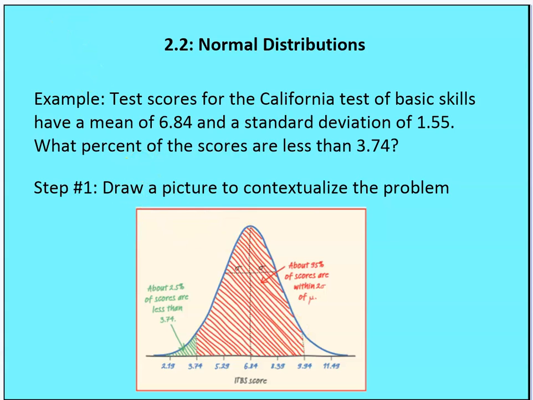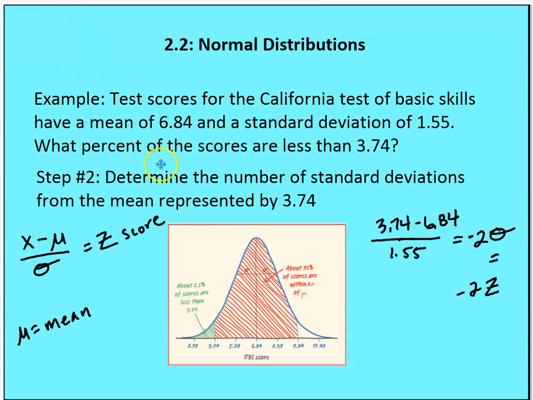Then the second step is we're going to determine the number of standard deviations from the mean represented by 3.74. So we're going to take that data point, subtract the mean, and then divide it by the standard deviation. So data point minus mean divided by standard deviation is going to give us our z-score, which is basically the number of standard deviations from the mean.